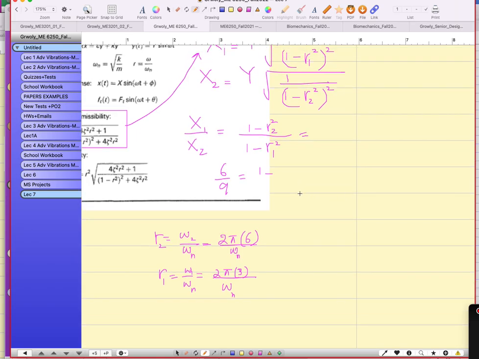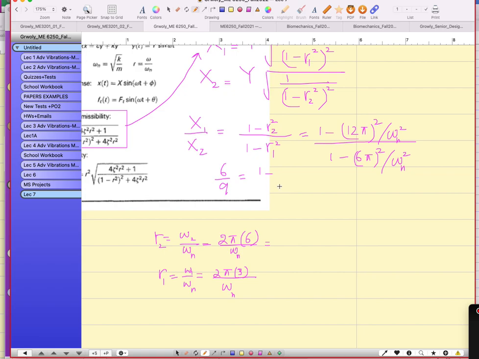So you plug it in over here, so it is equal to 12 pi. So I can write out 1 minus 12 pi whole square over omega n squared, over 1 minus 6 pi whole square over omega n squared.